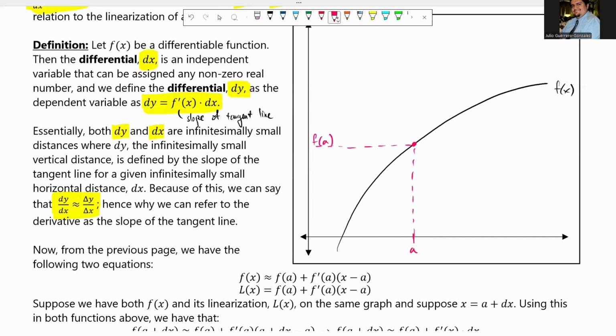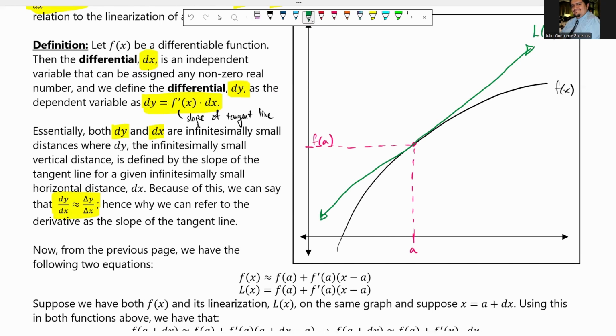We know now that at this point I can do a tangent line approximation. I'm going to try to draw a line. There we go. This right here is not f, this is L of x.